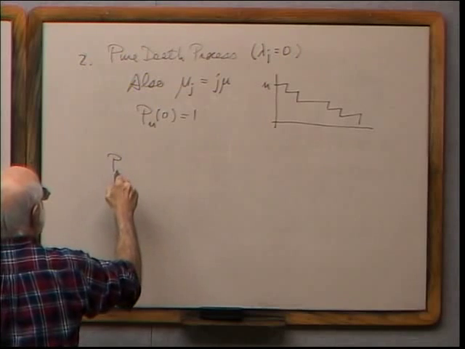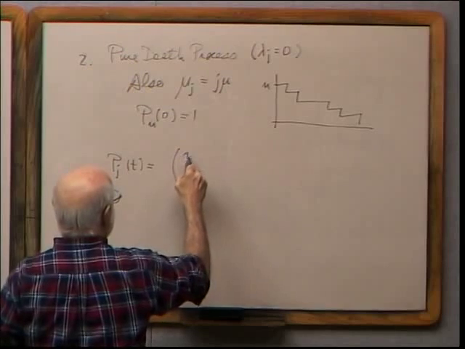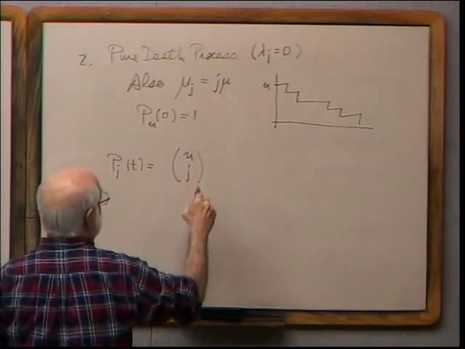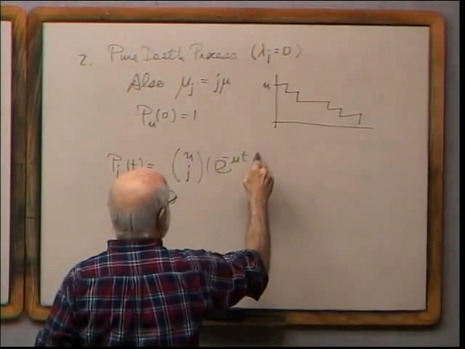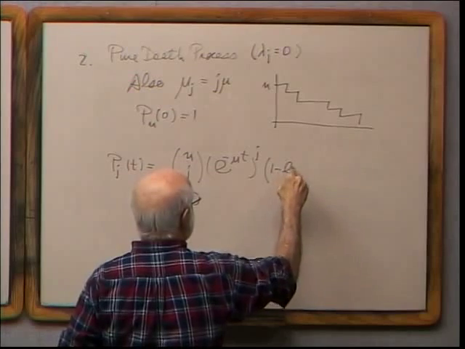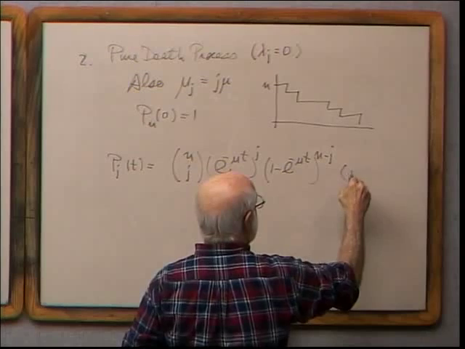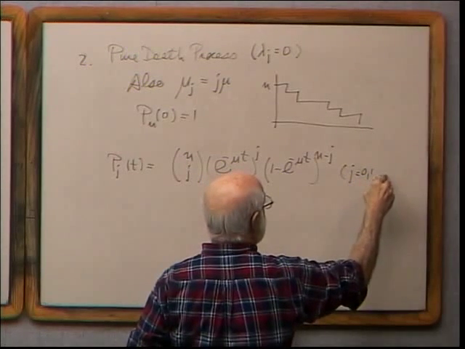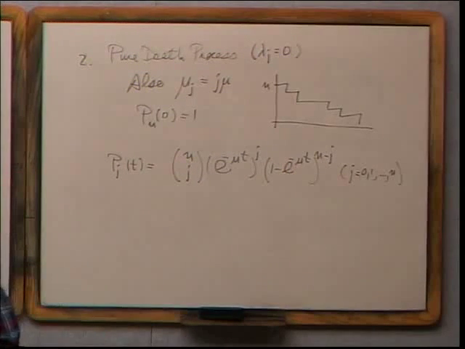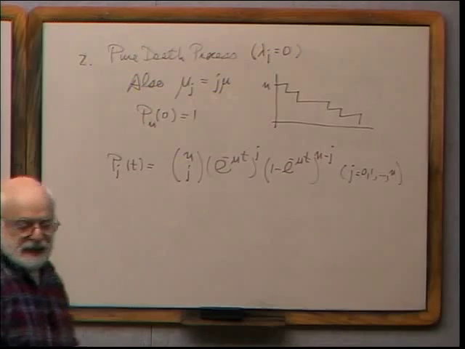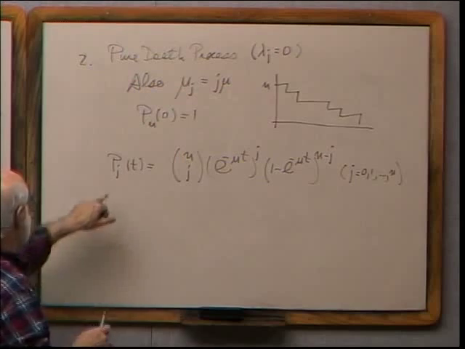Pj of t equals the binomial coefficient n choose j, e to the minus mu t to the j, 1 minus e to the minus mu t to the n minus j, for j being 0, 1, up to n. So this maybe looks more complicated than this, but not really. Now, everybody should recognize that this is, in fact, the binomial distribution.